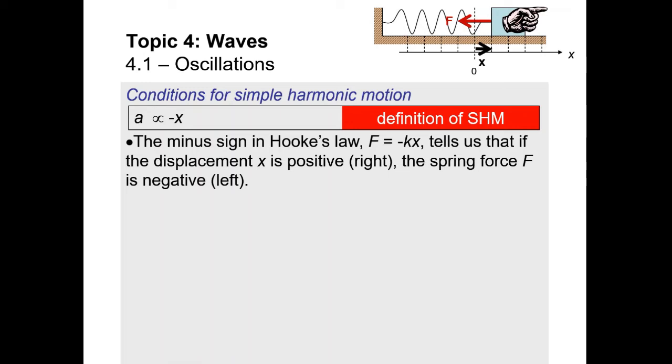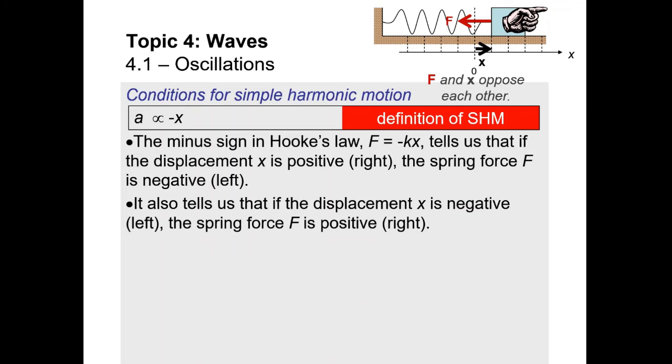You can see the displacement x is towards the positive direction, or it's oscillating towards the right. Spring force F is negative and pulling it to the left. So F and x oppose each other. It also tells us that if the displacement x is negative, spring force F is positive. We can see that the load is moving to the left and the spring force is to the right.